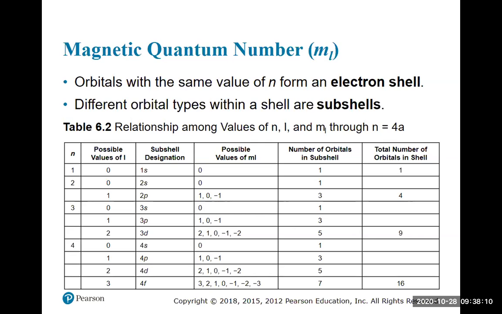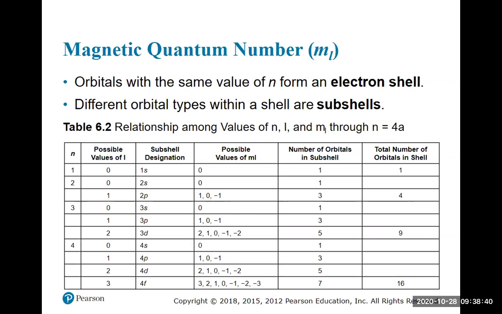If we look at principal quantum number 2, we see that we can have possible values of L of 1 and 0. So that puts us at 2s and 2p, because remember, if L is 0, it's s. If L is 1, it's p. And then based on that, the possible values of m sub L: there's one of them for s, and so that's the 0.